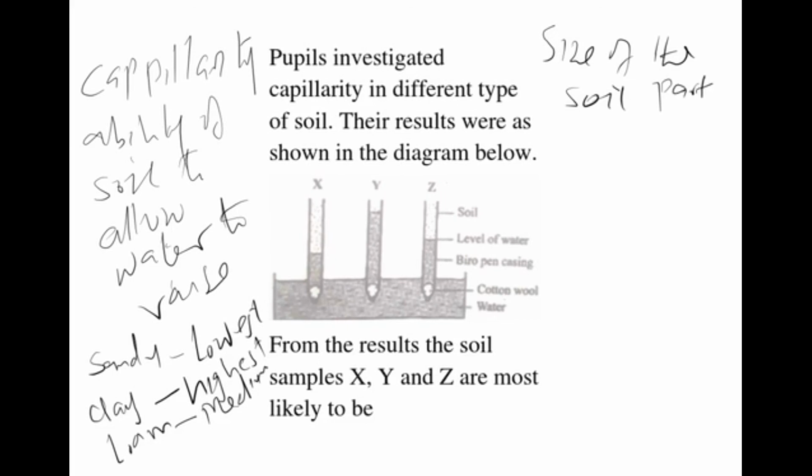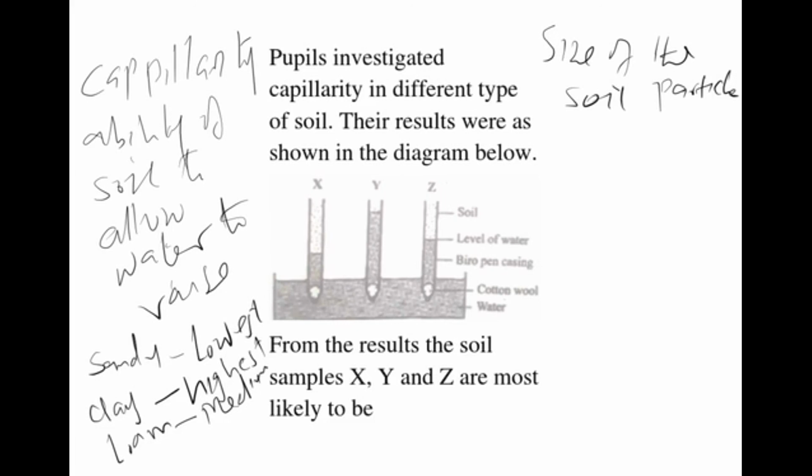Since each of these soils does not have the same size of particles, the soil that allows water to rise most is the clay soil, and the one that raises water slowly is sandy soil.